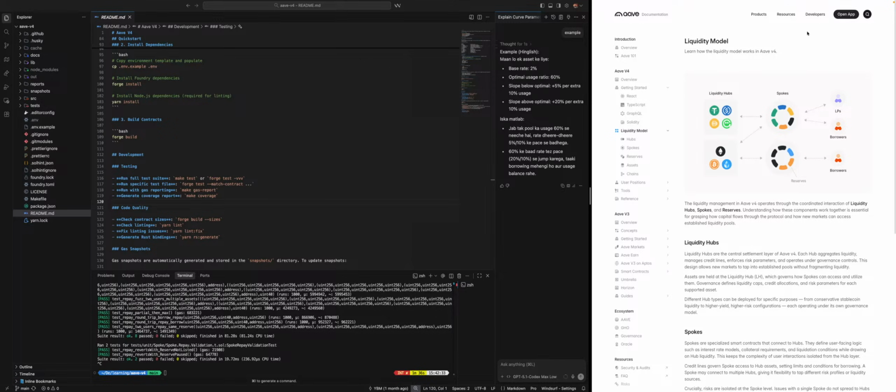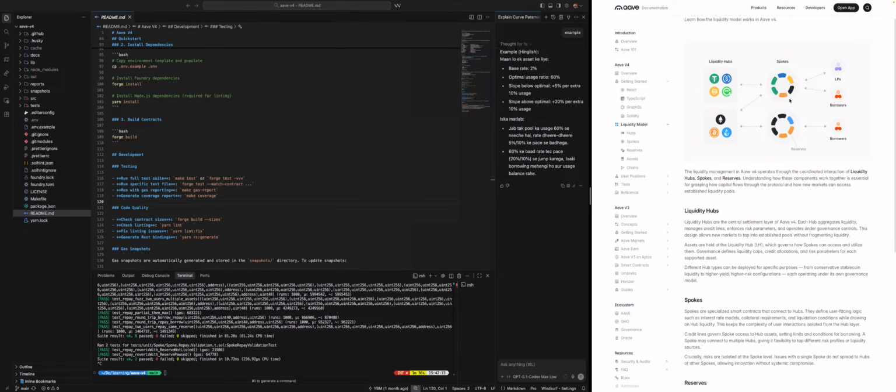Okay, so let's understand the liquidity model of Aave. Reserves, what is that? The orange one is reserves.